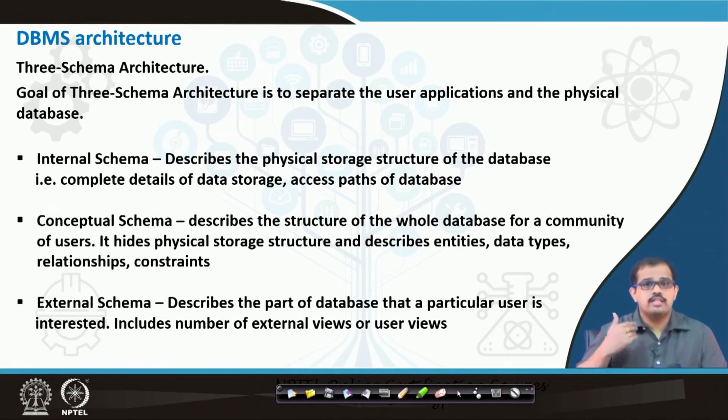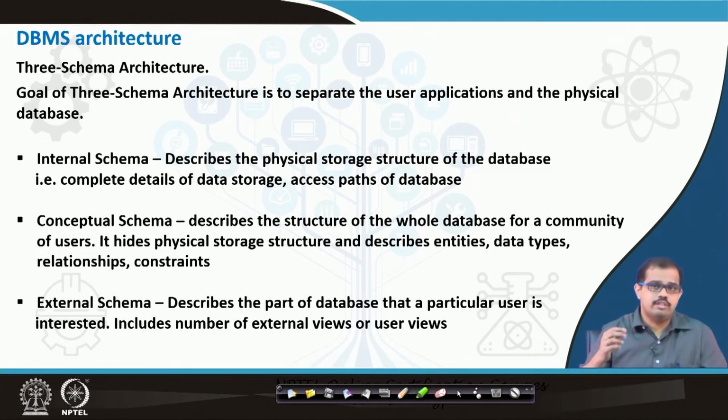The next part of the 3-tier system is called the conceptual schema. The conceptual schema describes the structure of the whole database for a community of users. It hides physical storage structures and describes the entities, data types, relationships and constraints.